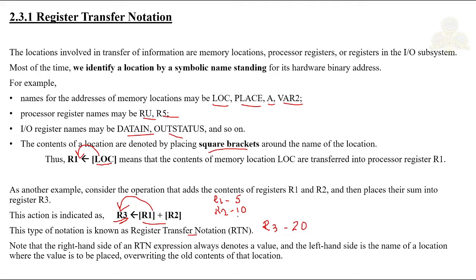Next the content of R2, that is 10. These two have to be added. So the sum is 15. Now this 15 has to be placed in R3. So the sum 15 would be placed in R3. Now we should note that the existing content is overwritten by the new value. Okay. Remember, the existing content would be overwritten with the new value.